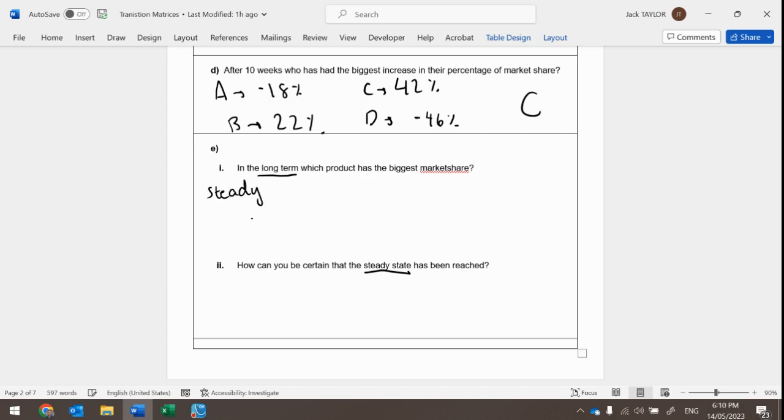So the steady state, we'll give it a bit of a definition, is a point where the transitions don't change.